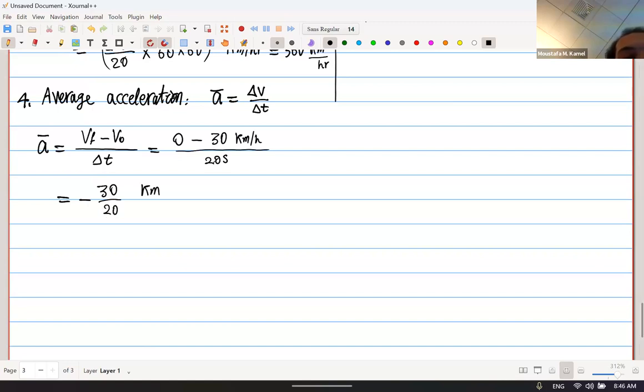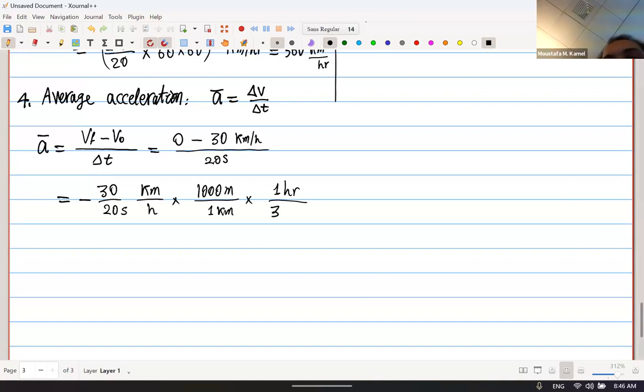Then we have kilometer per hour, and we have seconds here. So we want to get rid of the hours and kilometers. To get rid of kilometers, we multiply by 1,000 meter, divide that by 1 kilometer because they're equivalent, and multiply by another conversion factor for hours. So 1 hour has 60 minutes and each minute has 60 seconds.